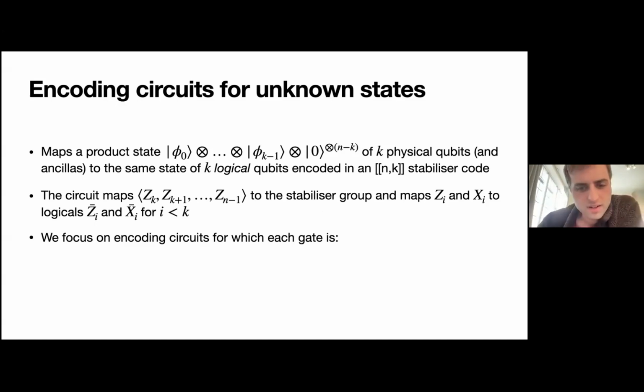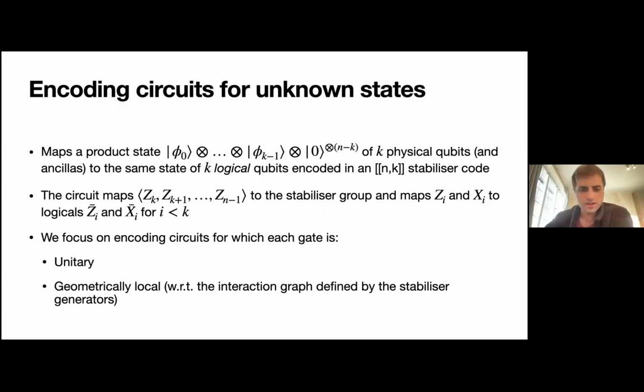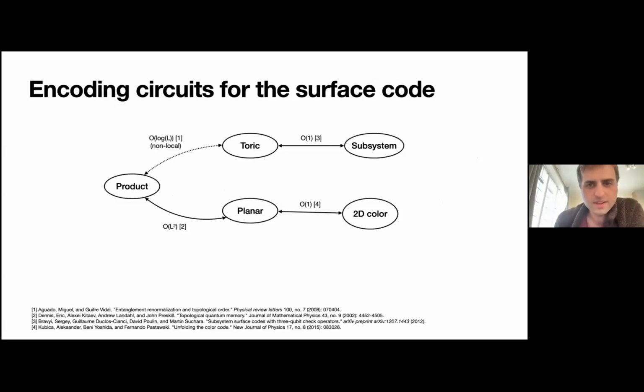And we focus on encoding circuits in which each gate is both unitary and geometrically local, with respect to the interaction graph defined by the stabilizer generators of the code. Prior to our work, this hadn't been too well studied.